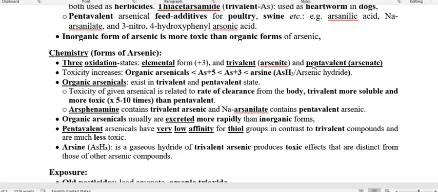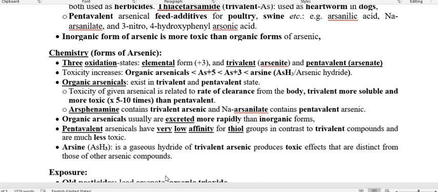The pentavalent form has 4 oxygen, but the oxidation number is 5. So AsO4, just similar to phosphate PO4, is the arsenate form.